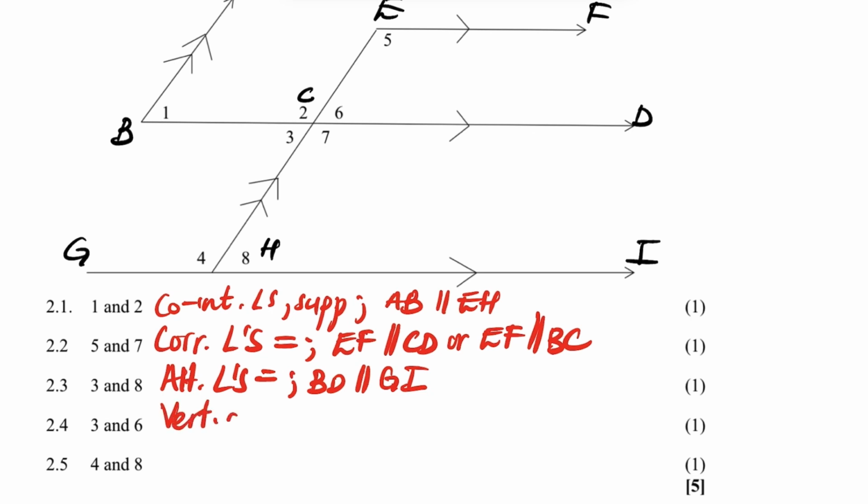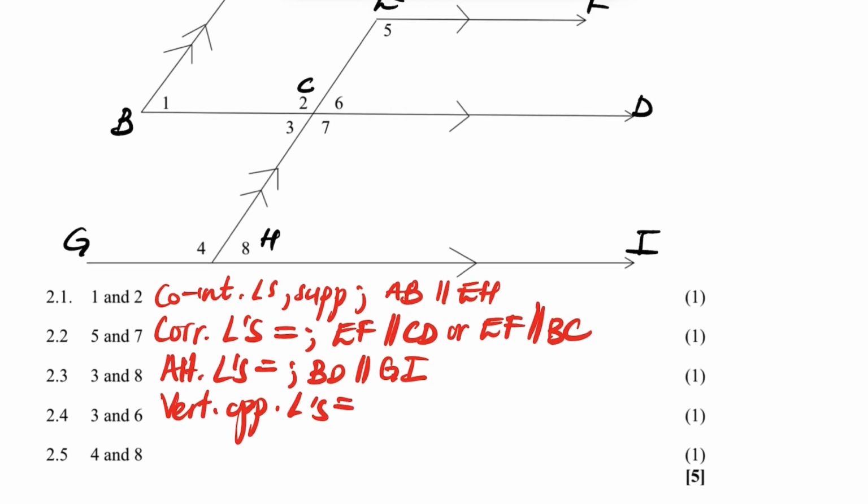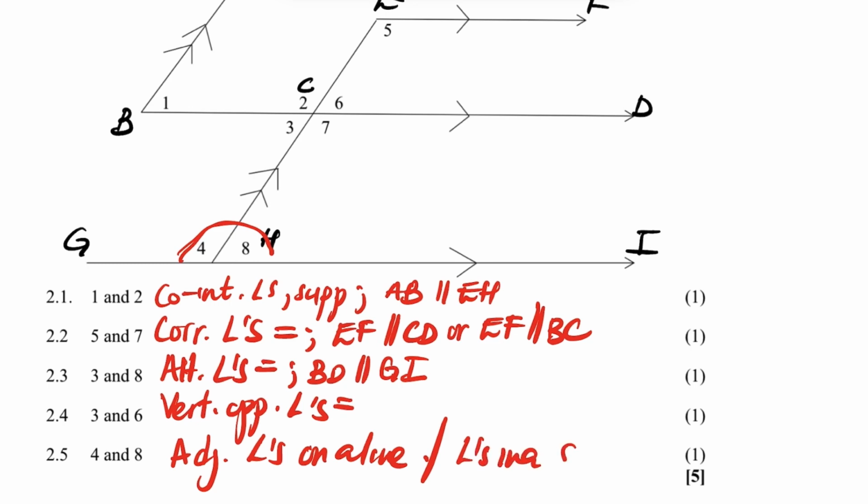They are vertical opposite angles, equal. 4 and 8, we call them adjacent angles on a line, or we can say angles in a straight line, or supplementary angles. Okay, and that's it.